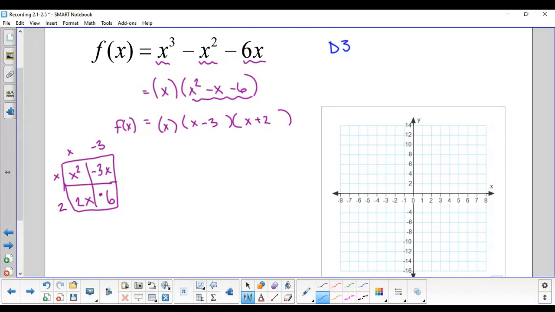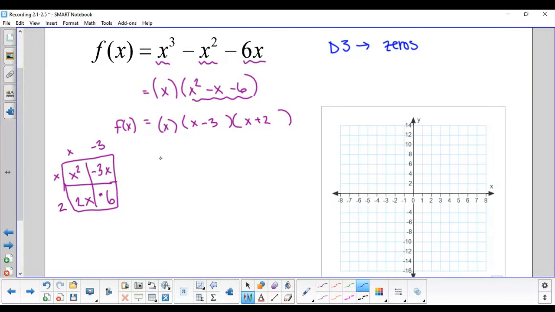Now, I like to use a combination of these 2 forms of my polynomial to analyze my function. So first thing I notice is that it was a degree 3, and after factoring, I could identify that I have 3 zeros.